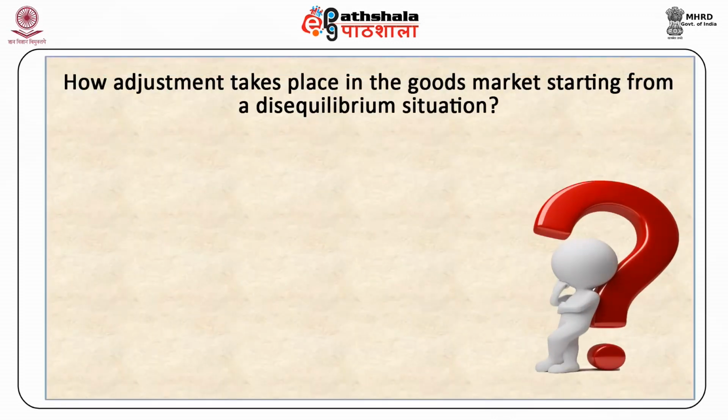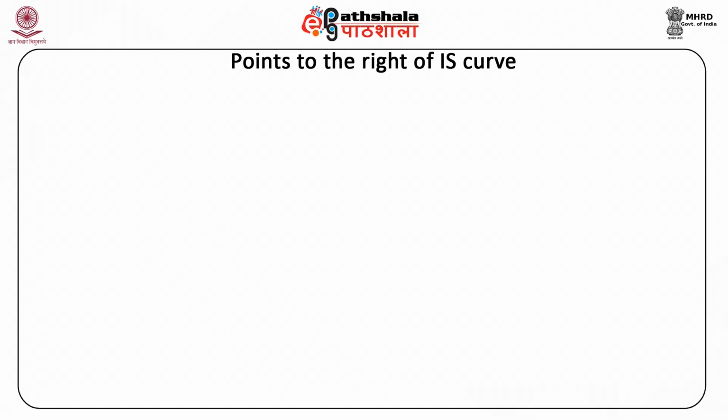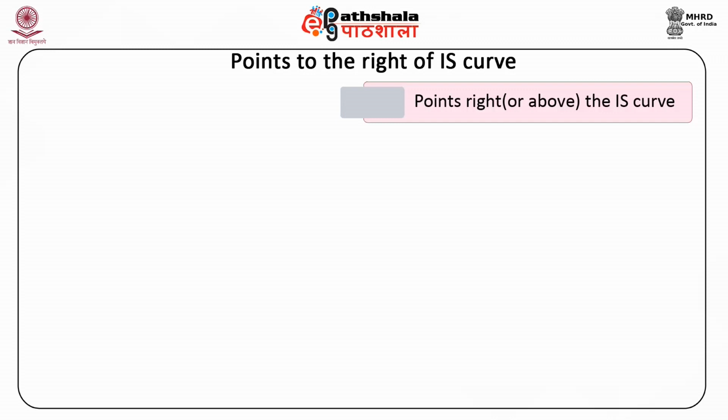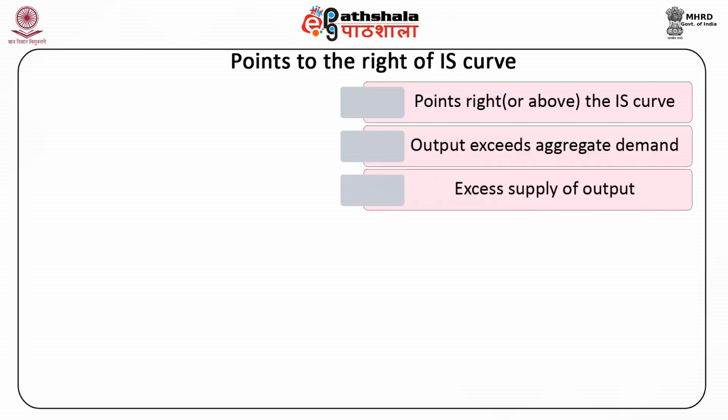Let us now see how adjustment takes place in the goods market starting from a disequilibrium situation. Once again, recall from our discussion in previous modules that at all points to the right of the IS curve, output exceeds aggregate demand and there is excess supply of output, ESO.